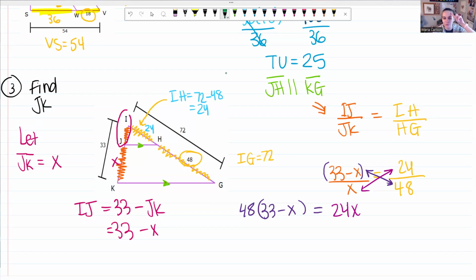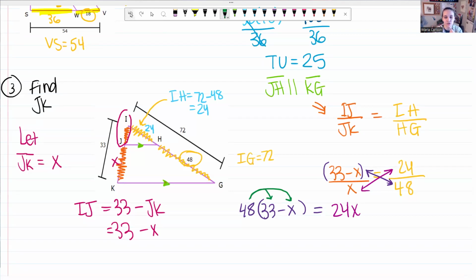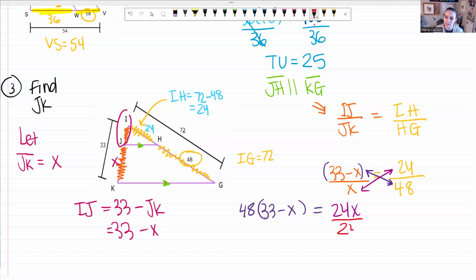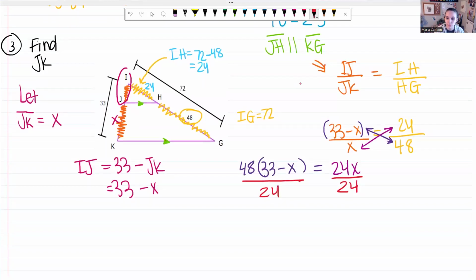I could distribute the 48, but it's going to get really nasty if I do that. 48 is actually divisible by 24. So instead of distributing 48, I'm going to just get X all by itself right now, and I'm going to divide both sides by 24. And now I won't be completely done yet, but when I do that, 48 divided by 24 is 2.